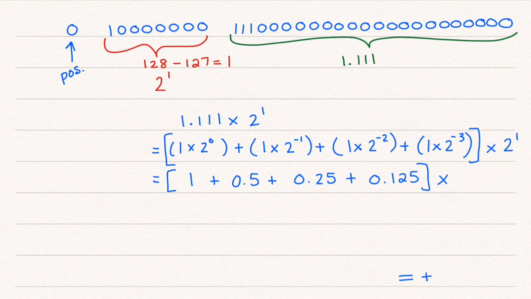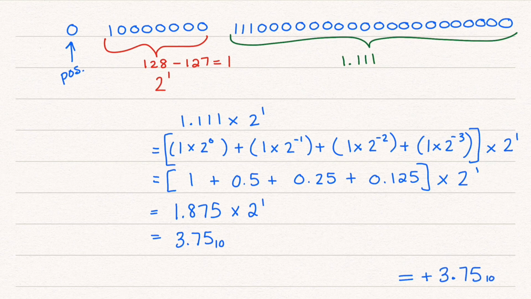And that's all going to be multiplied by 2 to the power of 1. So I get 1.875 times 2 to the power of 1 is 3.75. So my final answer is positive 3.75 in decimal form.